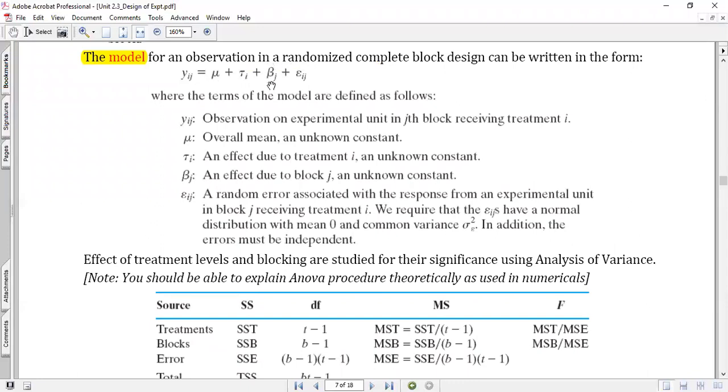For RCT, the block was not there, so this beta is also not there. So it's a linear model. This is the effect of the factor, the effect of the block, and the effect of the natural variation over the mu. That is why your individual values are varying. Whether the treatment effect is important, the block effect is important, or all are within the natural variation, you want to analyze it.